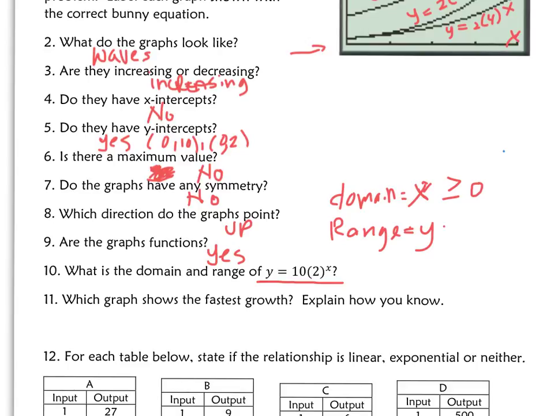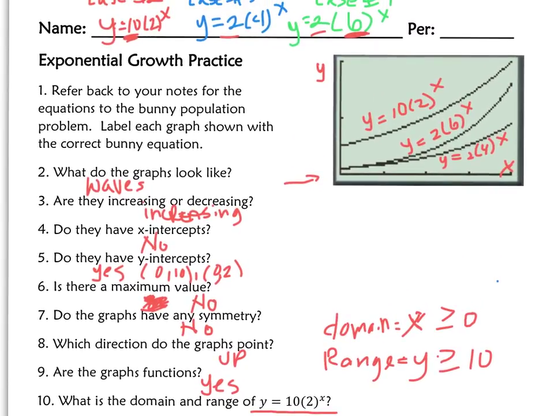The y's is a different case. For 10, there's our y-intercept 10, so y is greater than or equal to 10. We're talking about this top one right here now. Here's 10. There are no y's below 10. So it's greater than or equal to 10.